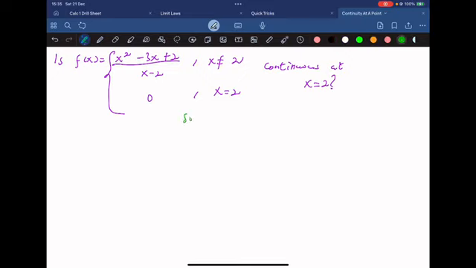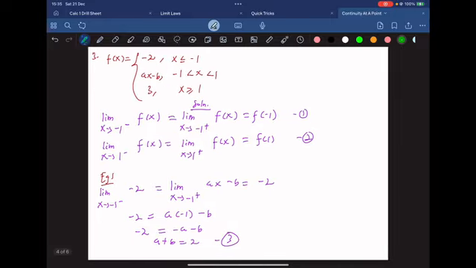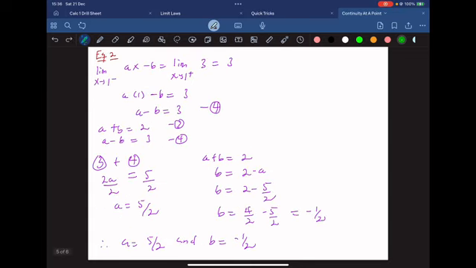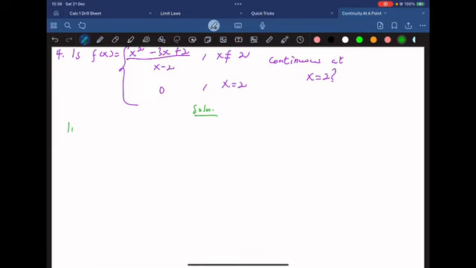Now let's solve this. Remember, from the definition, for a function to be continuous, we have to get this. So this means that to solve this, we can have limit as x approaches, now the c is 2, so as x approaches 2 of f of x should be equal to f of c. Our c is just 2.